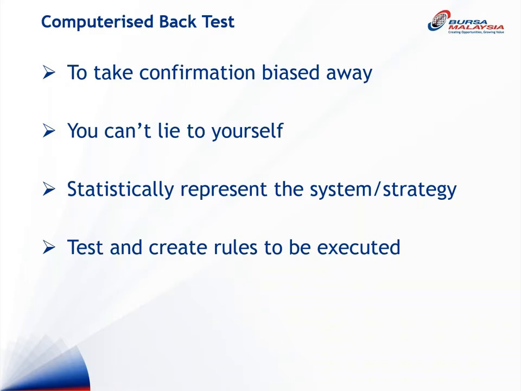The program won't listen, and doesn't have confirmation bias. It sees the things that it's supposed to see, not because of what it has in its mind, and statistically represents the system or strategy. So you can see how many percent you can expect from this system, whether to make money or to lose money. This is also important, because it gives you the confidence to execute or not to execute at all on certain buy and sell signals.